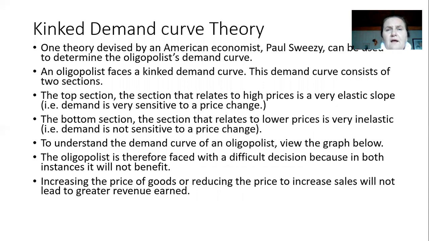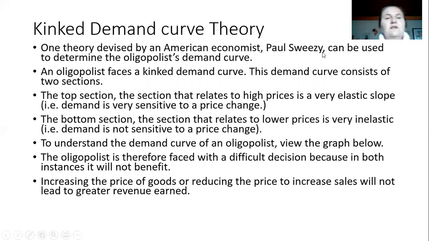Right. Now, the next thing that you need to know is an oligopoly curve looks similar to a monopoly. It's just less. Your elasticity of demand is just less. Okay. Right. However, there are situations where you've got a dual scenario in your demand curve. Now, there was an economist with the name of Paul Sweezy that developed this kinked demand curve theory that you need to understand.